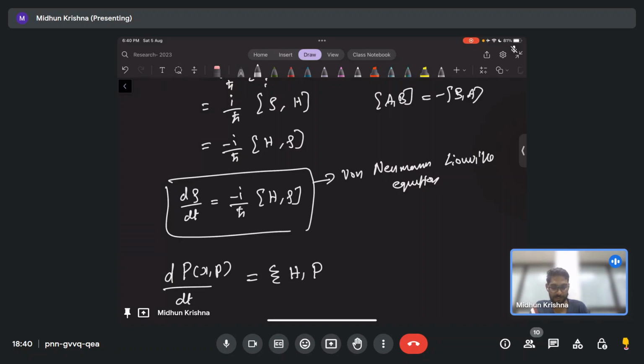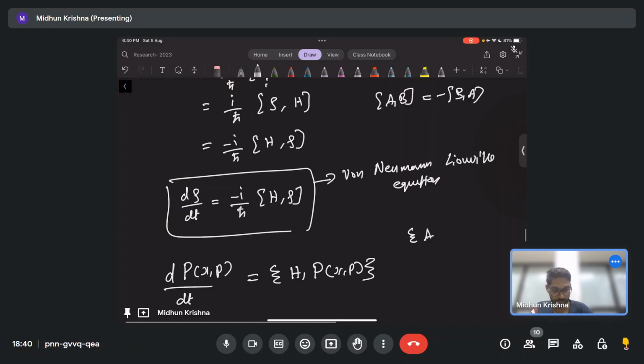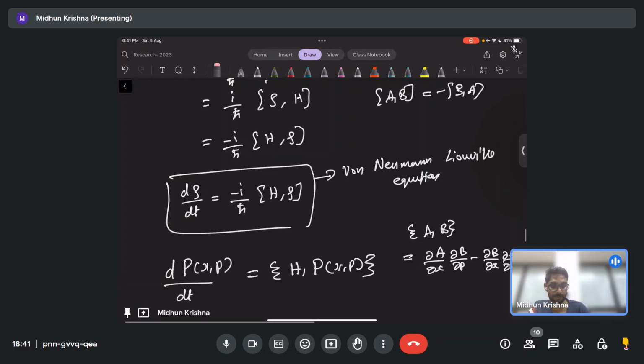I'm not sure, it's possible that there's a minus sign. It's equal to, I think, dou by dou x of A, dou by dou p of H minus dou by dou p of A, dou by dou x of H. I'm not sure about the exact structure, but the Poisson bracket has a form like this. This is called the Liouville equation in classical mechanics, right?